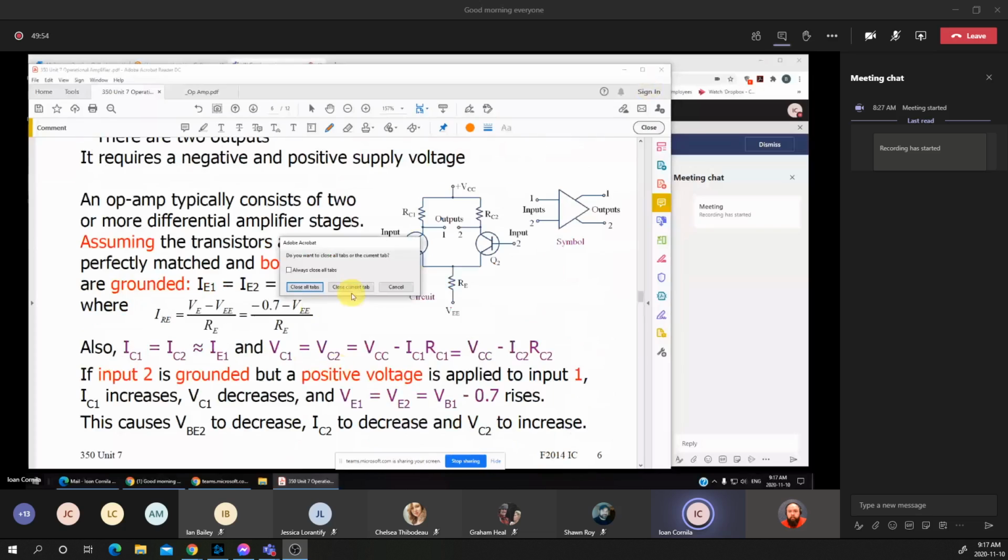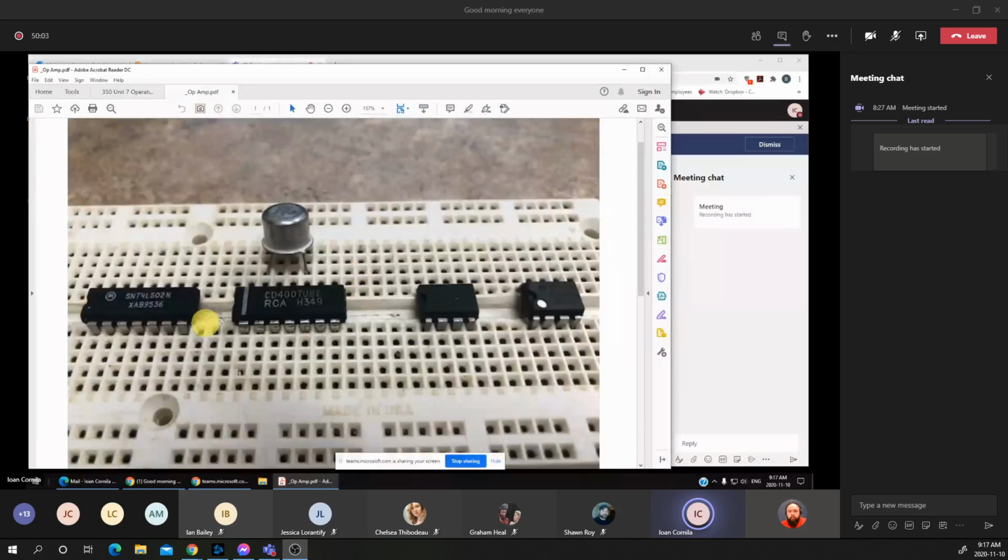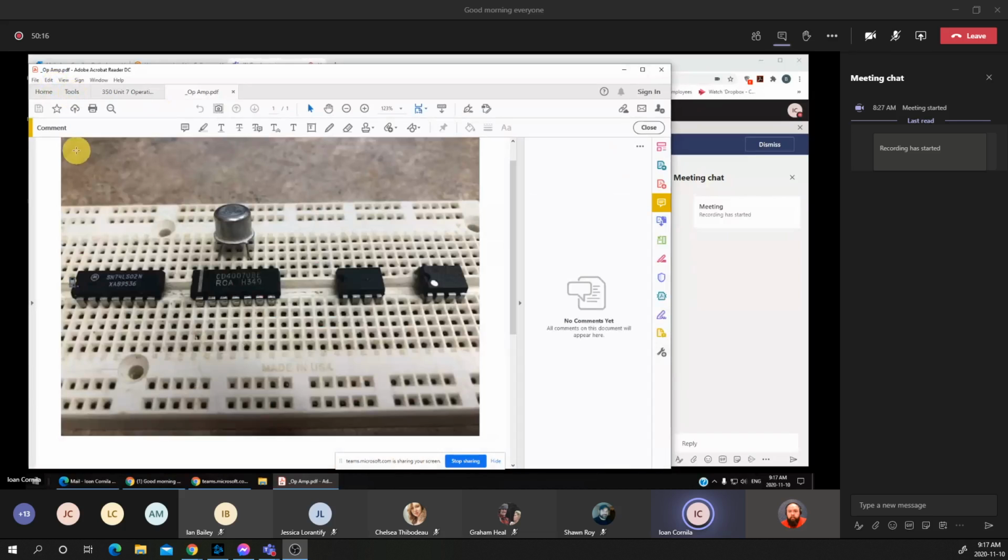Just 1 second, I'm showing different op-amps, different packages, just to show you there is always a key. You notice that in this diagram, the key is used for the first integrated circuit.